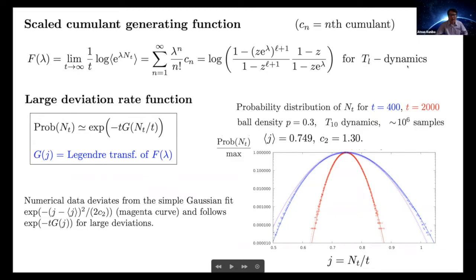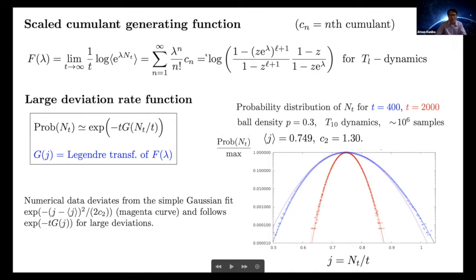expression for TL dynamics. I didn't write the derivation, but some experts in the audience probably know it very well. What we do is differentiate this quantity by lambda and then get a very non-trivial differential equation with respect to lambda. And to integrate this differential equation with proper initial condition, we get this quantity. So that's the result.